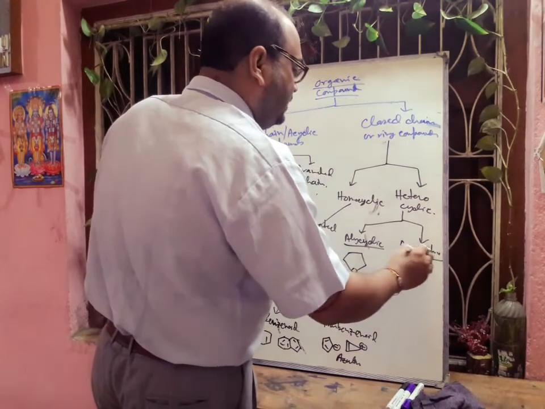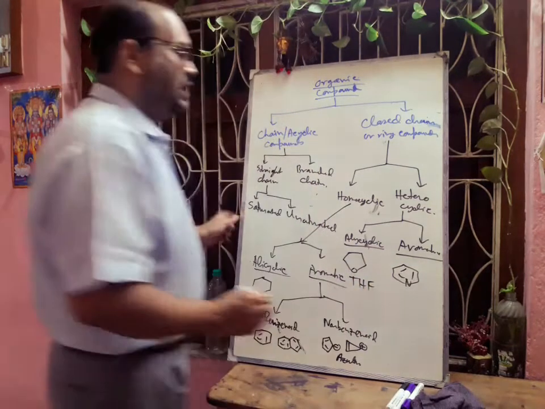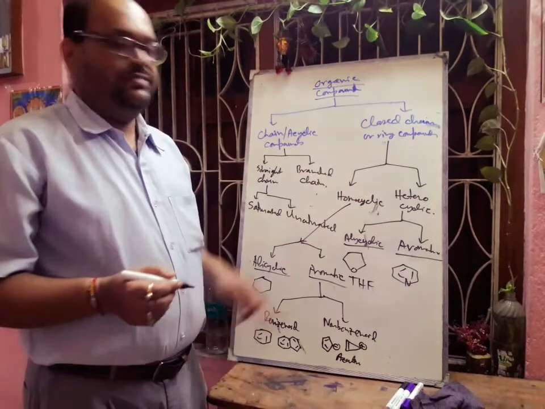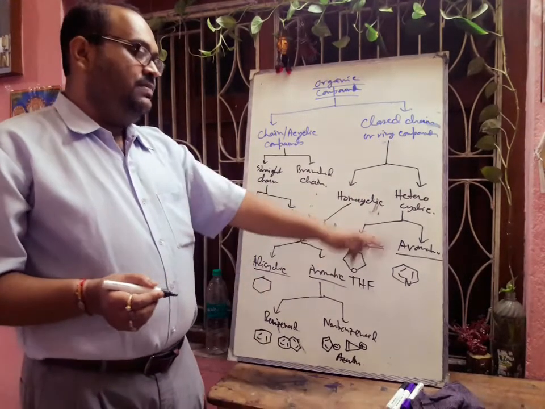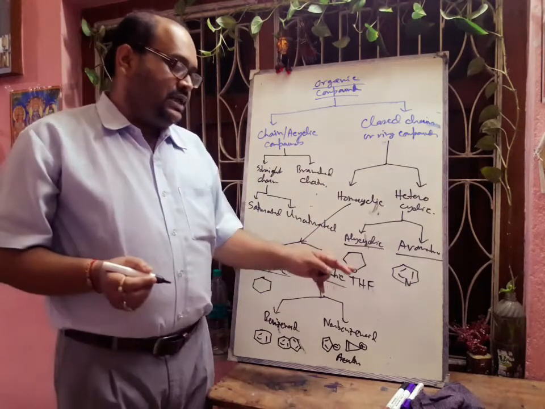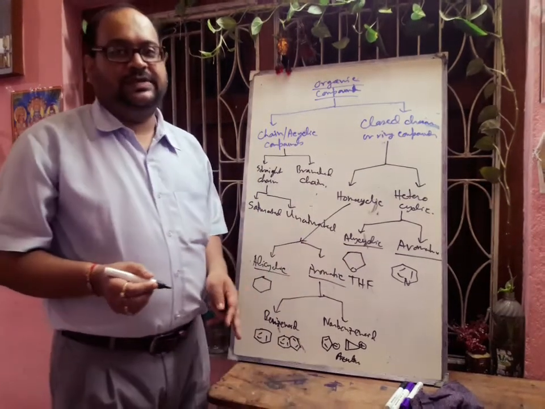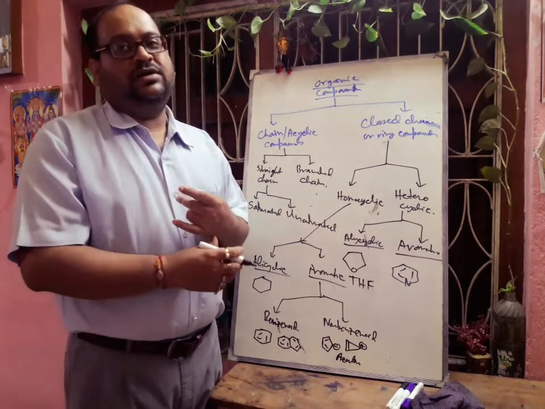And for aromatic, all of you know pyridine. Now what is homo and what is heterocyclic? Homo means all are the same, that means all ring atoms are carbon. But if in the cycle there is a heteroatom other than carbon, such as nitrogen, oxygen or sulfur, then it is called a heterocyclic compound.